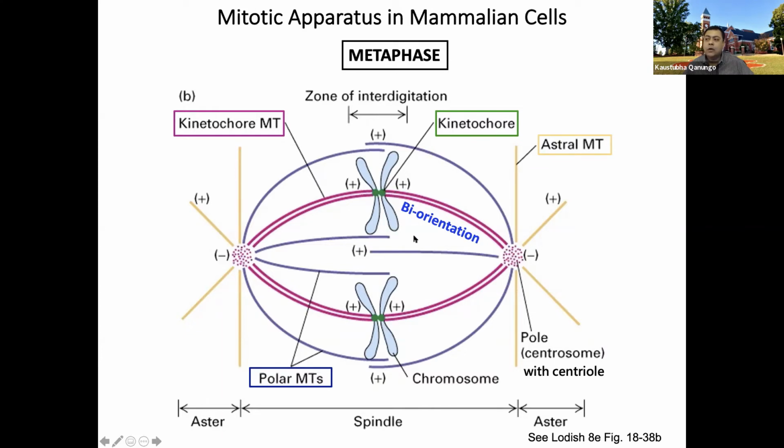And this will cause what is called the biorientation of the chromosome at the metaphase plate in the middle. Suppose that did not happen, and you have a particular kinetochore where microtubules are attached from this end, and microtubules also attach from this end.